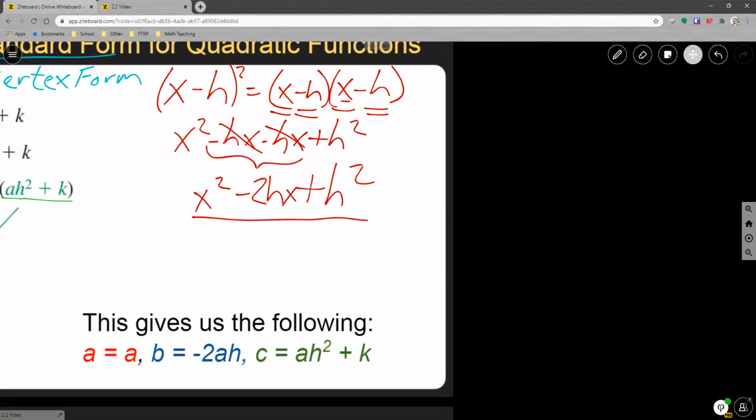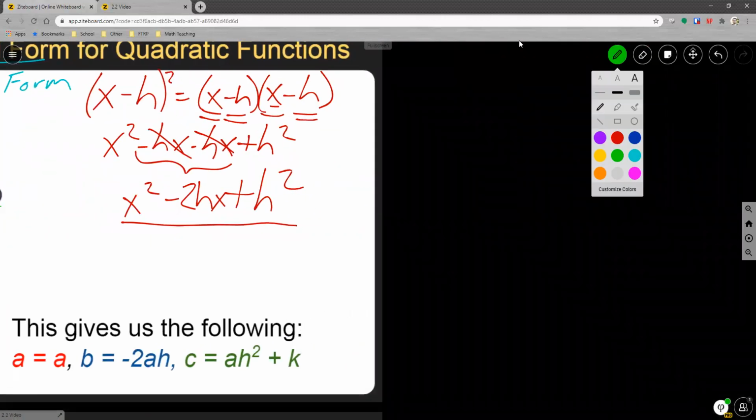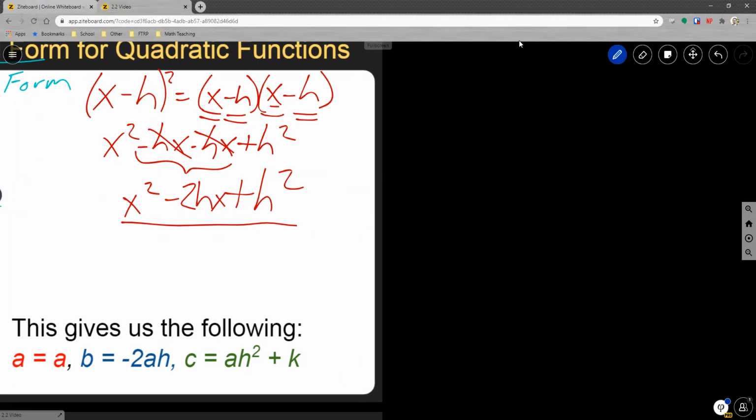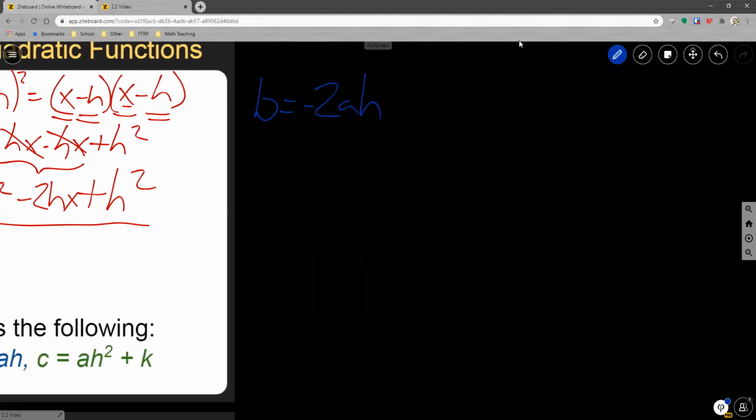So really quickly, just a little side note here, we'll explore this more in a second, but if I've got b equals negative 2ah, well, remember, on vertex form, the axis of symmetry is x equals h.